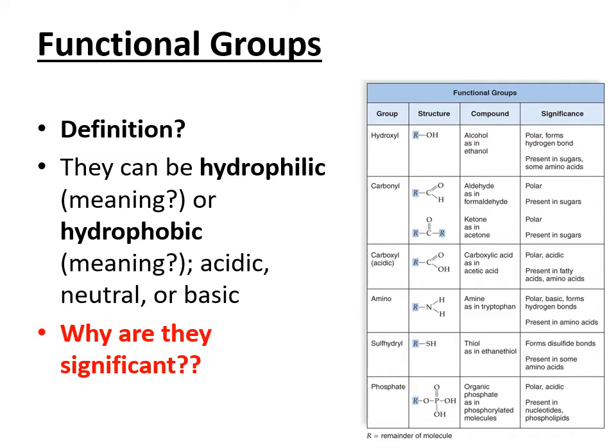So which functional groups are hydrophilic versus which are hydrophobic will really help determine where that part of the molecule will want to be. Will it want to be near water or will it want to be away from water?